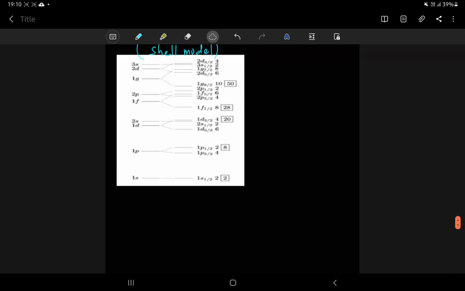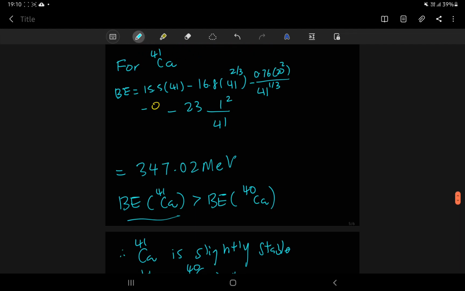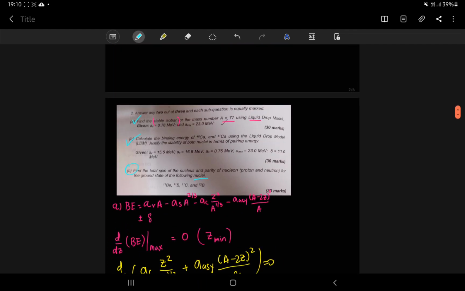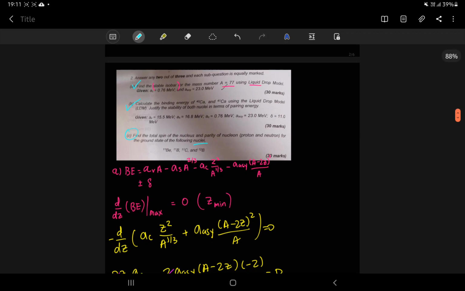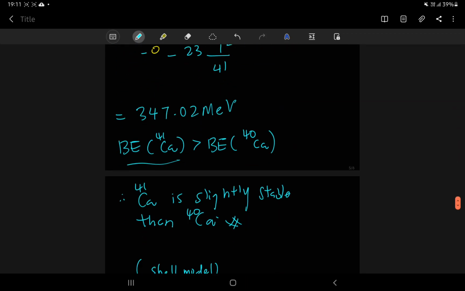Okay, the first element in question C is beryllium 11, then boron, carbon, and boron 12. So the first one is beryllium 11.